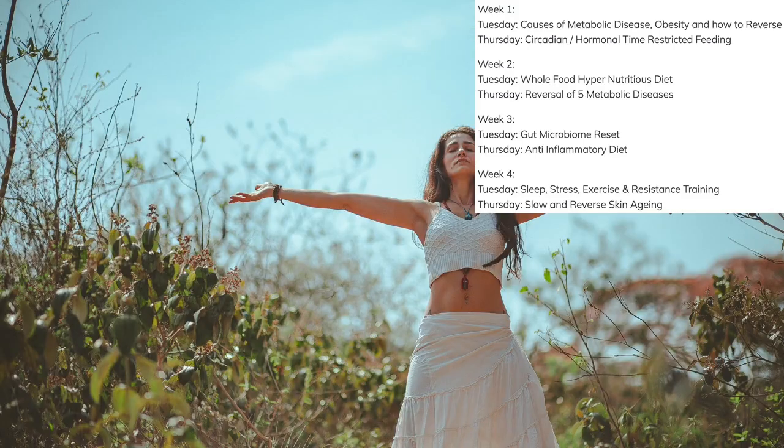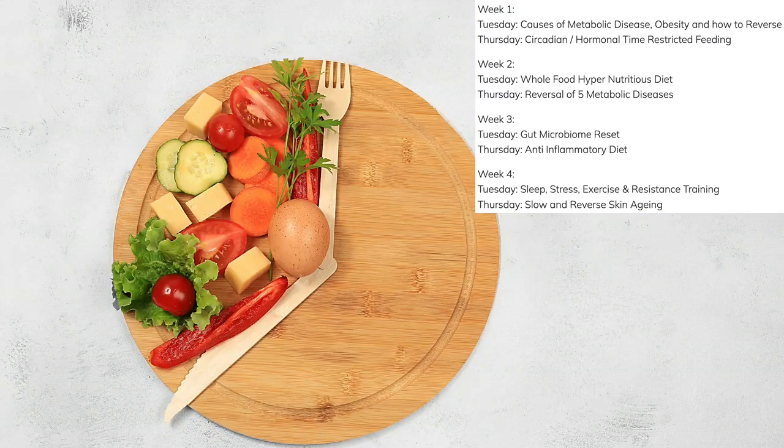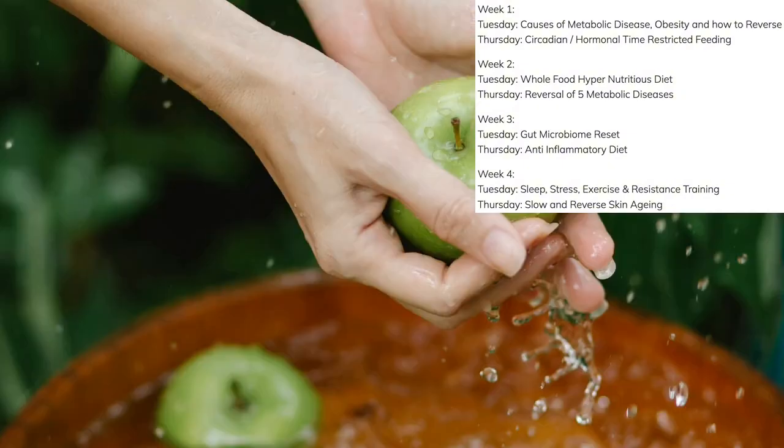If you look at my website, my coaching program and my YouTube channel, you will see that a lot of time is spent talking about various aspects of lifestyle and health. The 8 topics that I coach on my coaching program include causes of obesity and metabolic disease and how to reverse it, intermittent fasting, reversal of 5 specific diseases using lifestyle and diet.